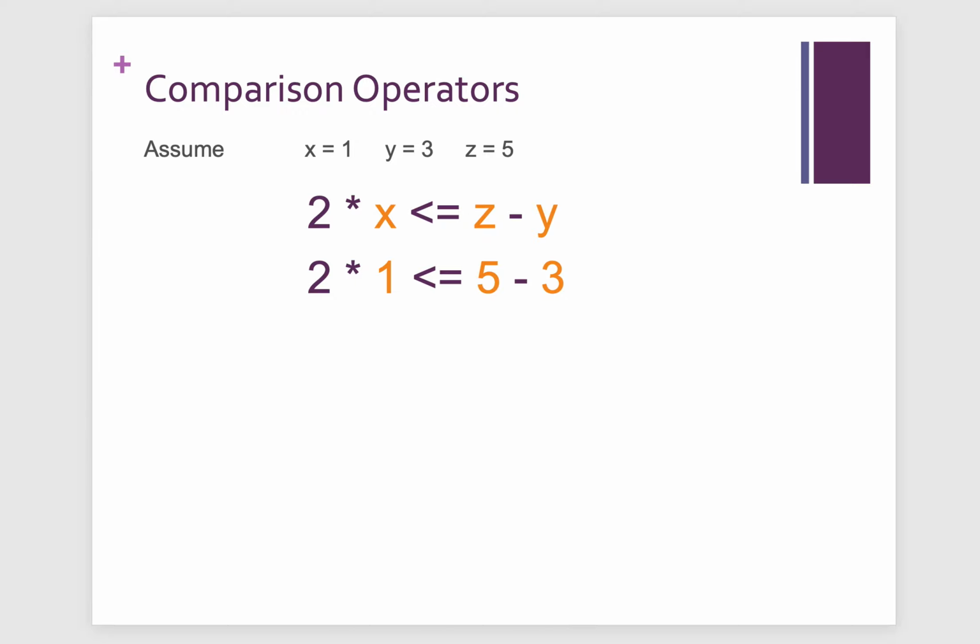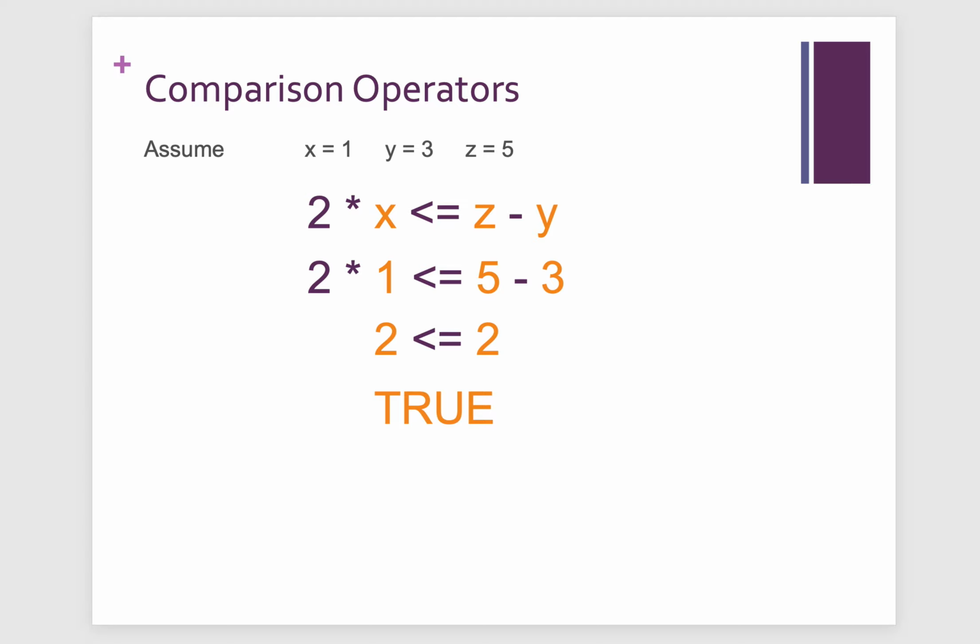Now we need to do our math. Remember, we do mathematical operators before comparison operators. And I know from PEMDAS that I need to do my multiplication first. So 2 times 1 is 2. Then I can go over to the other side and do my subtraction. 5 minus 3 is 2. And is 2 less than or equal to 2? Yes, it is. So that evaluates to true.